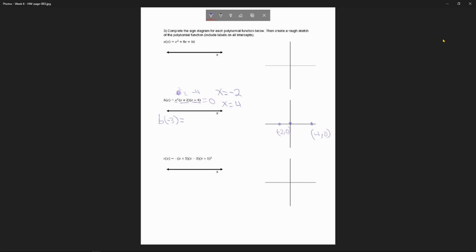Now we can plug in negative 3 here, squared, right? And then plug in negative 3 here for x plus 2, and plug in negative 3 here for x minus 4.